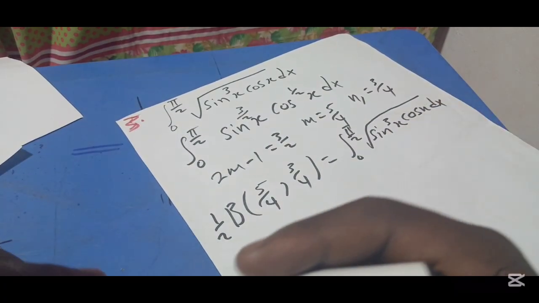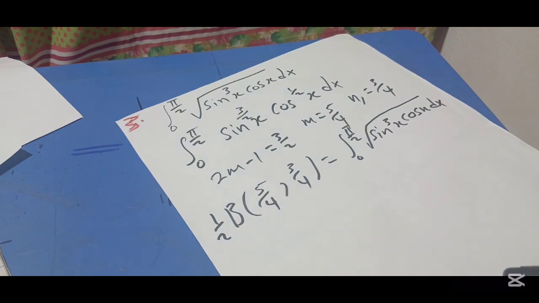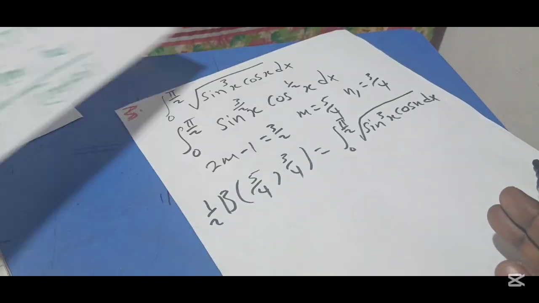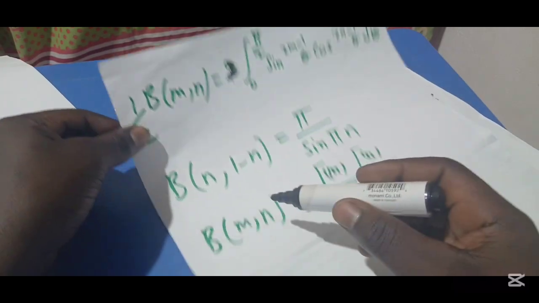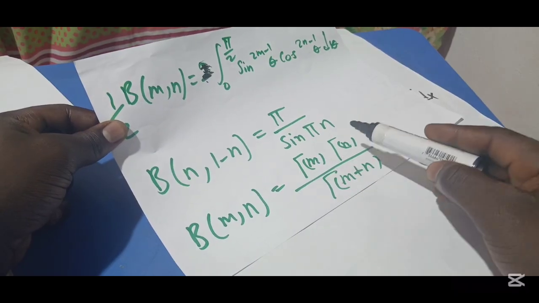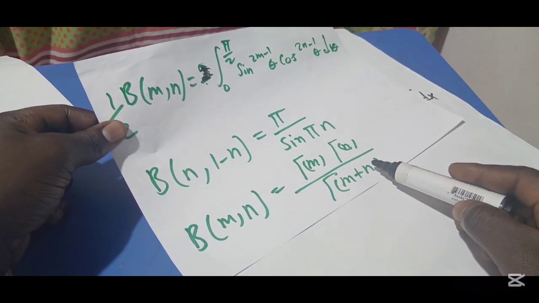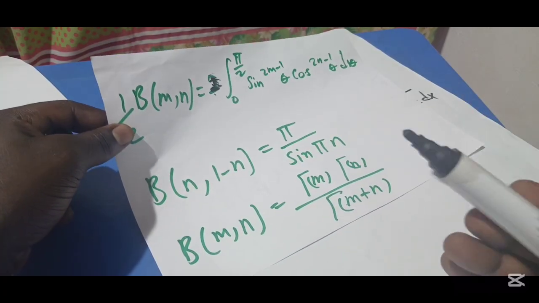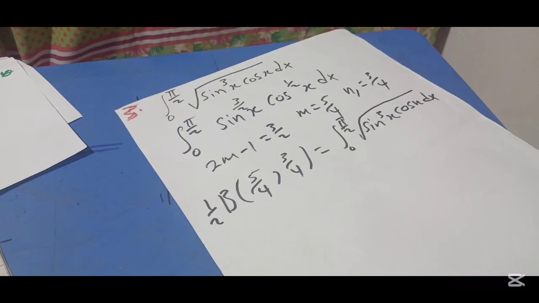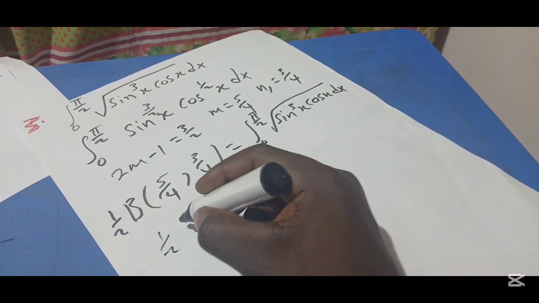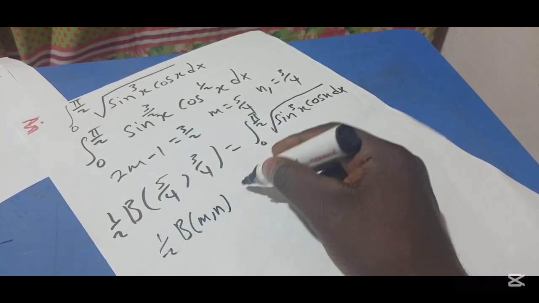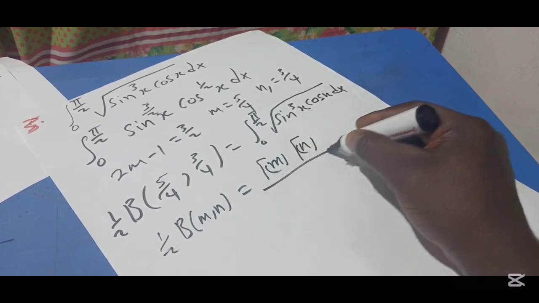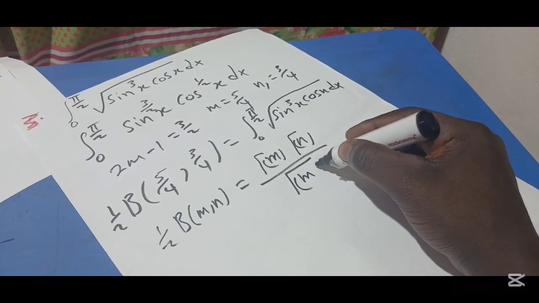Beta functions, a very easy way to solve some integral problems. We are going to use either the relation between beta and gamma, beta of m, n equals gamma of m, gamma of n over gamma of m plus n, or Euler's reflection formula, depending on the nature of the question we are dealing with, and I'll explain it. So we know that half beta of m, n equals gamma of m, gamma of n all over gamma of m plus n.